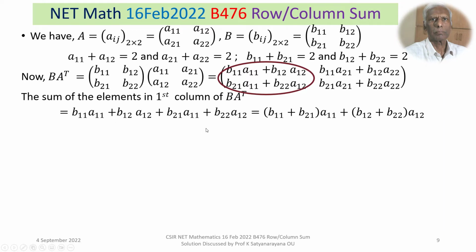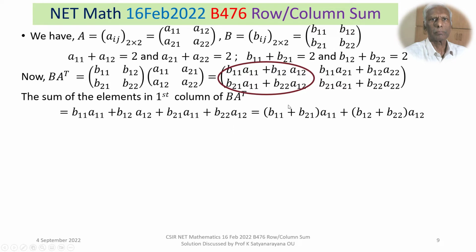And A11 is common from the first term and the third term, and we have taken out B11 plus B21 in brackets multiplied by A11. And then from the second and the fourth terms, we get A12 common, that is B12 plus B22 times A12.